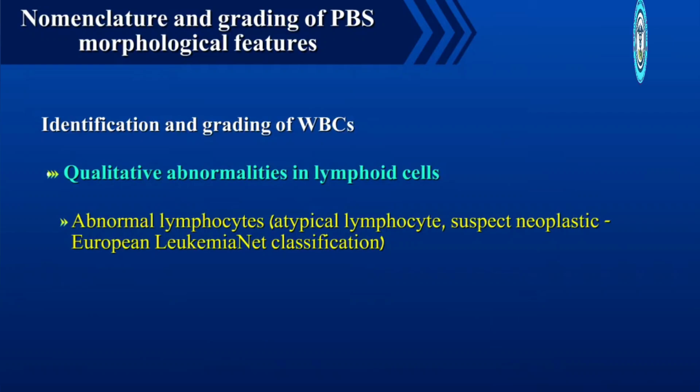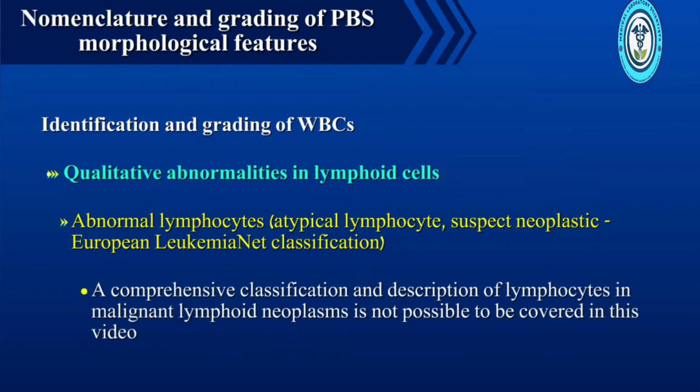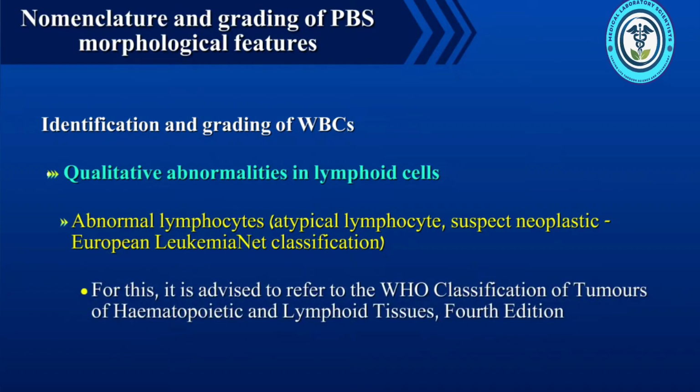Now, abnormal lymphocytes or atypical lymphocytes suspect neoplastic according to the European Leukemia Network classification. A comprehensive classification and description of lymphocytes in malignant lymphoid neoplasms is not possible to be covered in this video. For this, it is advised to refer to the WHO classification of tumors of hematopoietic and lymphoid tissues, 4th edition.